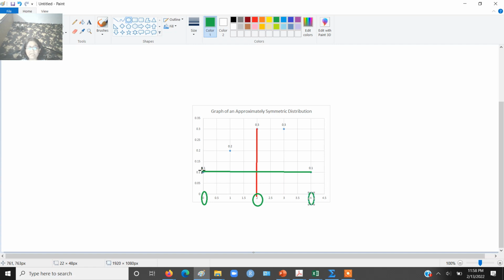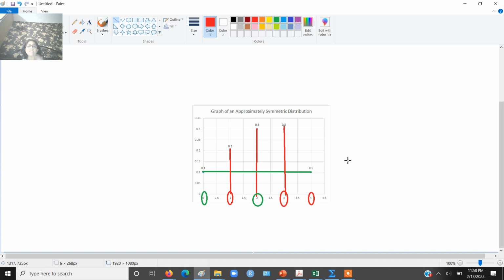So the probabilities are the same. If you look at, let's say, 1 and 3, once again these are equidistant, but here the probability of 1 is different whereas the probability of 3 is different.